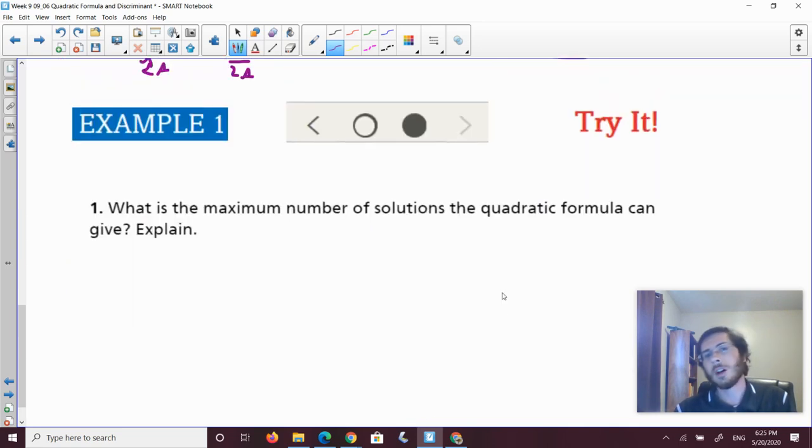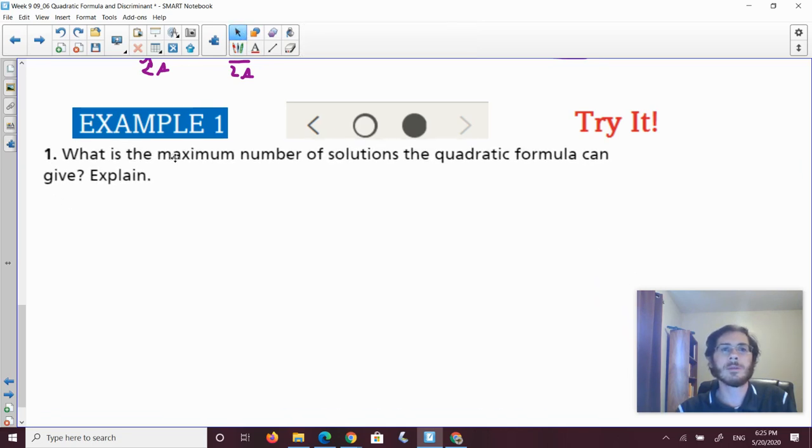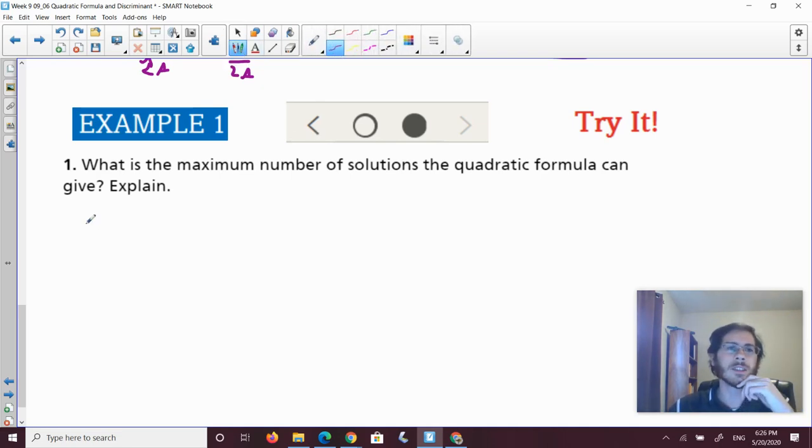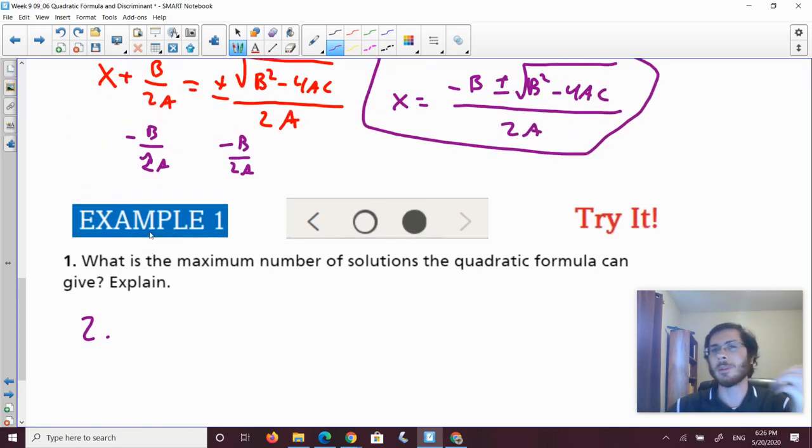So we then have to say the number of solutions that the quadratic formula can give. And if we think about it, we just said the quadratic formula was related to the parabola. So it makes sense that there's 2. If you want, you could talk about the parabola itself. Or if we look here, we've got this square root part that we have to plus and minus something.